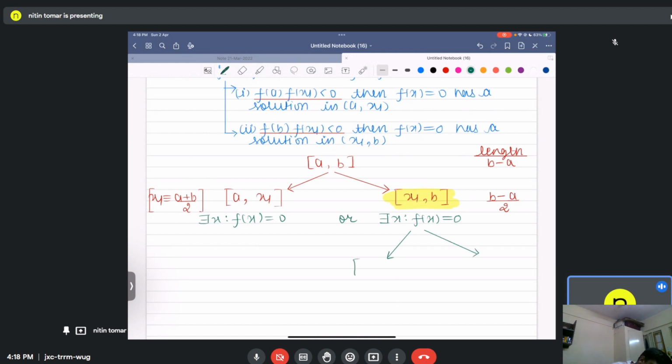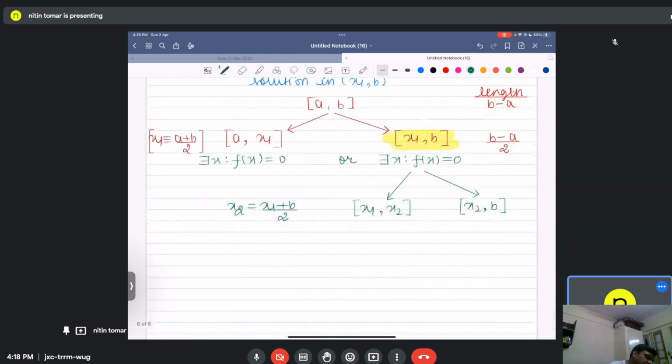Let's say this time the midpoint is x2, which is here. Again the root will lie in some interval, right? So let's say without loss the root lies in here, then you again split it into half.